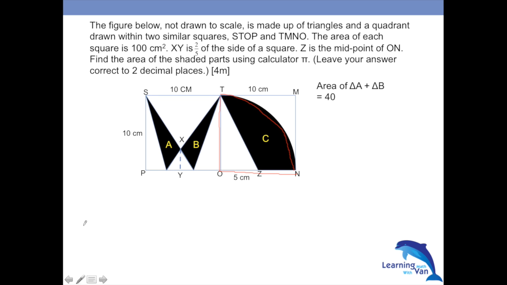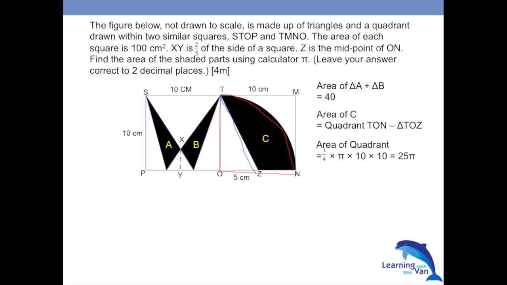This is a quadrant, and then let me change color, probably to something blue. And this is a triangle. So if a quadrant takes away the triangle, what you have is your shaded area C. As simple as that, the quadrant minus the triangle TOZ.